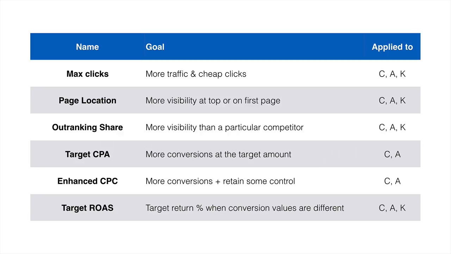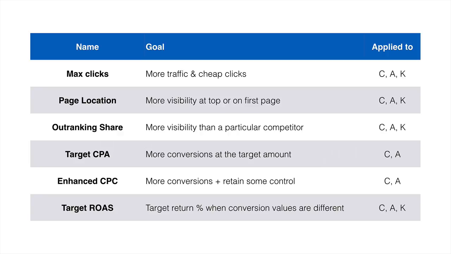So first one, maximize clicks. And I'm going to go through each of these in order and talk about what they do, and then we'll talk about how to apply them. So very quickly, maximize clicks if you wanted more traffic and cheap clicks. So Google's going to try and get you more clicks for your money. Page location is either targeting the first page or the top of the page. Outranking share, so that's where you're telling Google to outrank a particular domain.